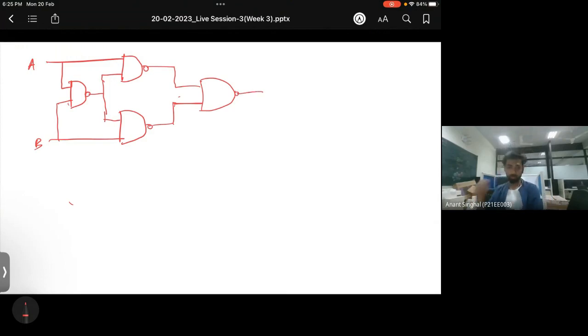So yeah, this will be the output of that circuit. It will give you nothing but A XOR B. Is there any problem?